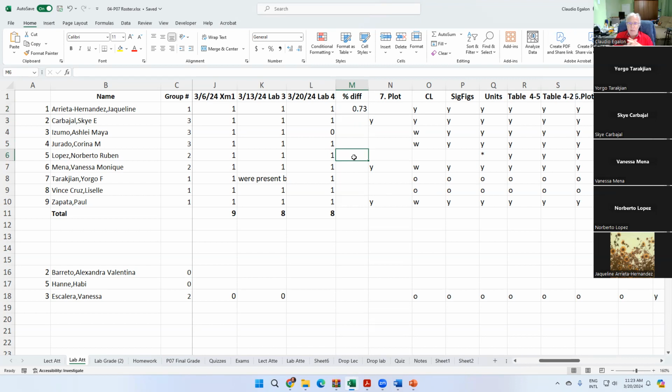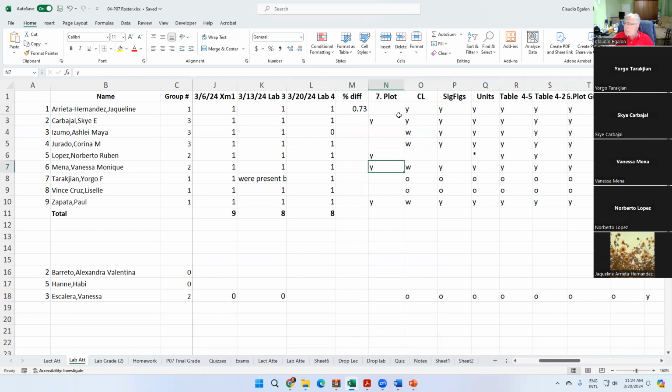So what about Norberto? Did you get the percentage difference, Norberto? And what was that? Still working on that? Okay. Did you plot the graph, by the way? So let's go back to the plot. Did you plot the graph, Norberto? Yes? Okay, good. Do you have the regression equation and the R square?